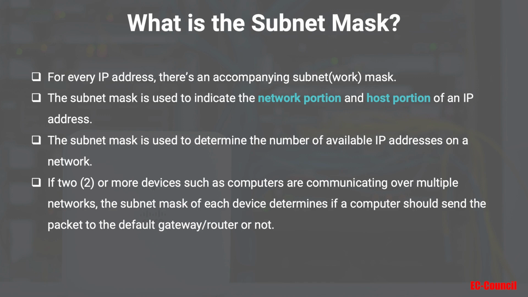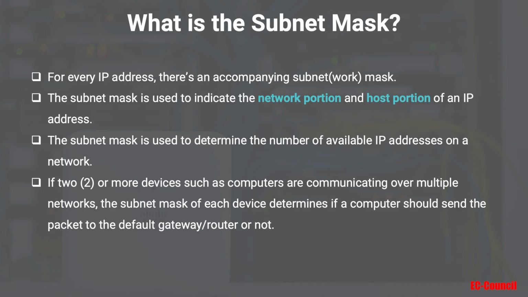The subnet mask is also used to determine the number of available IP addresses on a network. So apart from helping you identify the network and host portion, you can also determine the number of available IP addresses on an actual network or a subnetwork.